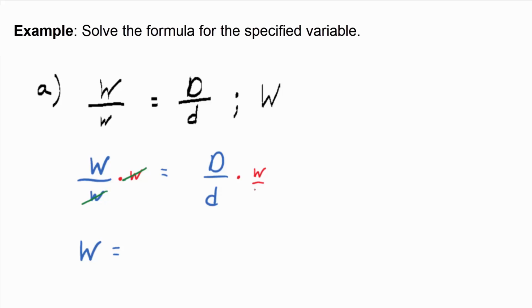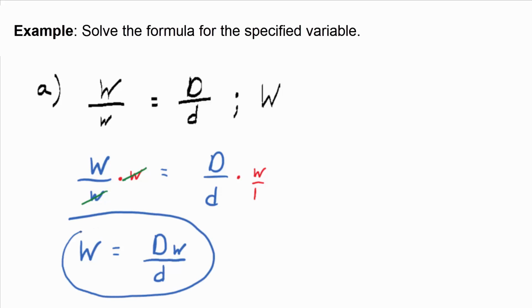You can think of it as little w over 1 that you're multiplying by. Multiply straight across and you get capital D times lowercase w over lowercase d. Resist the urge to cross out the d's because they're not the same.